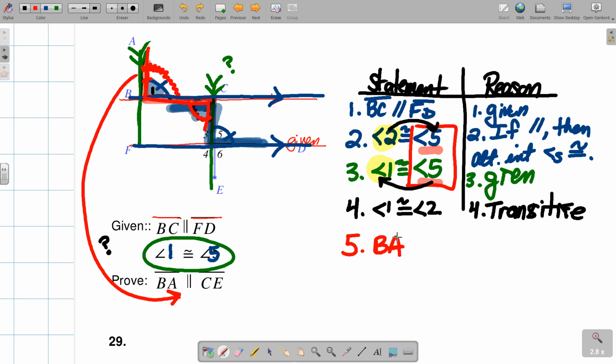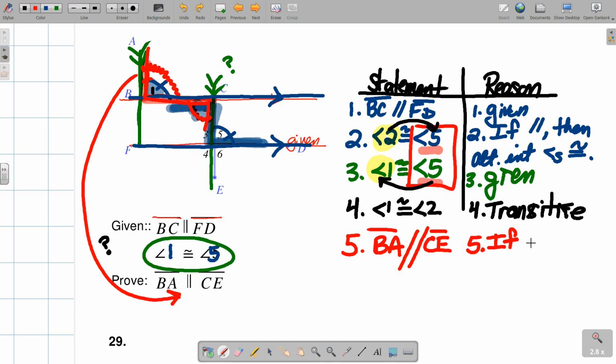BA is parallel to CE. And the reason is, it's armpits of the Z, I'm going to write like this. We start with the angles.